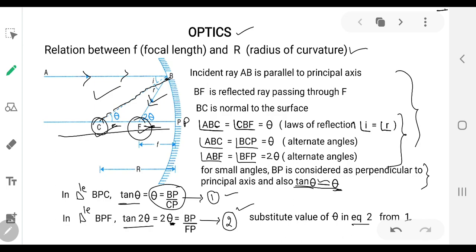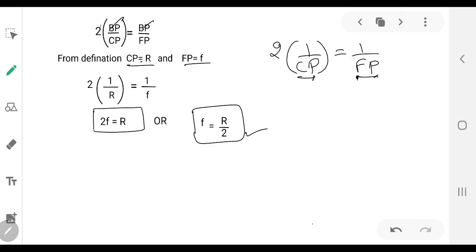So only these 3 points you remember, and try to derive this equation without seeing the notes. Wherever you miss, just have a glance and again continue.